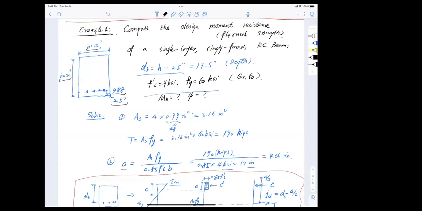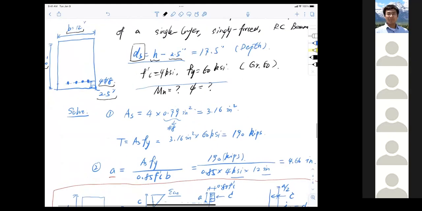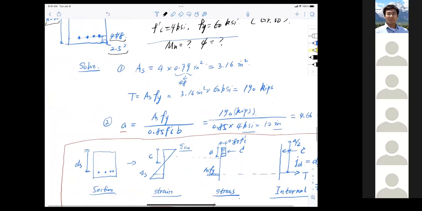So what do we do first? We find the depth of the section using the height minus the concrete cover, which is 2.5 inch, to get the effective depth of the beam. Then I find the area of the reinforcement for number 8 bars, 3.16 inches squared, and the total tension force is 190 kips.